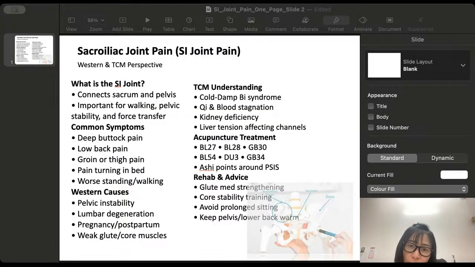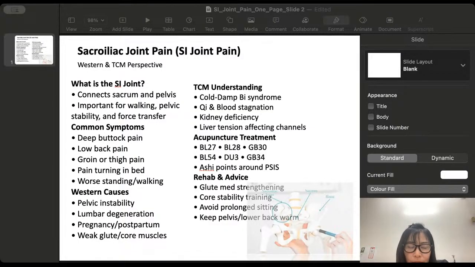Now I have some acupuncture treatment strategy. We have different stages of acupuncture treatment. The first one is the acute stage, when patients had it suddenly, and we focus on reducing inflammation, relaxing muscle guarding, and relieving pain. Some common points we use are around the back and around the SI joint, also the piriformis region.